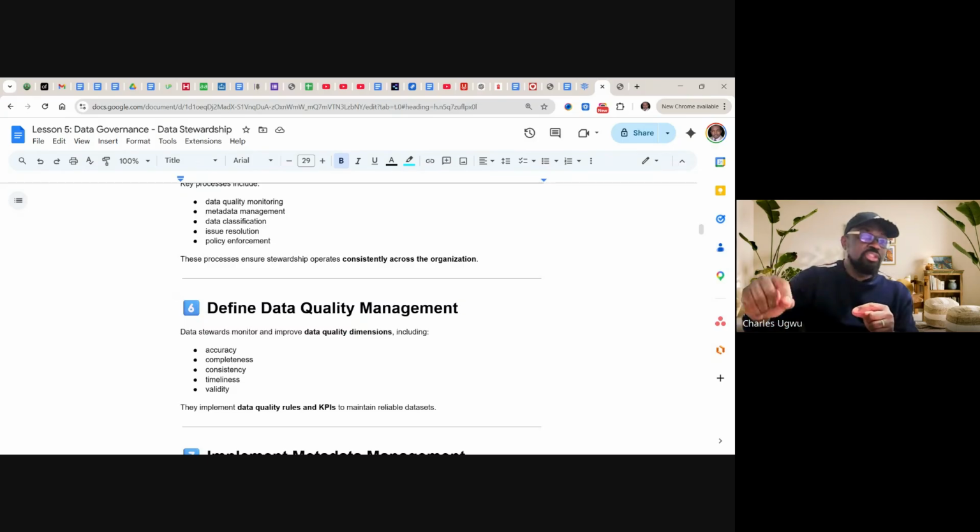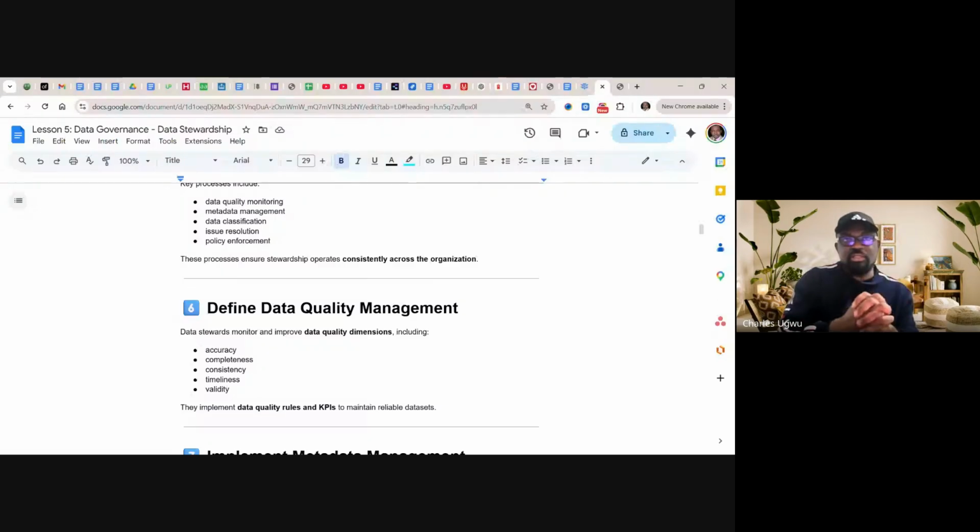If it's inconsistent, then you must know when to flag it off. And there should be a way to flag it, by an automated trigger, when the data is not complete, when data is not accurate, when data is not timely, and when it's not valid. So you must know all these very well.